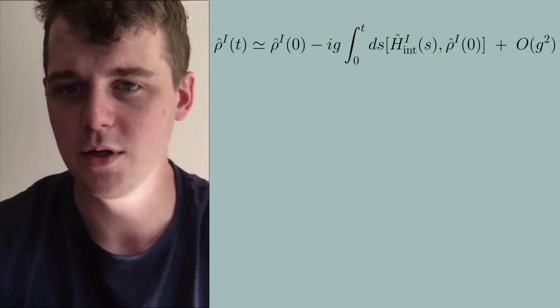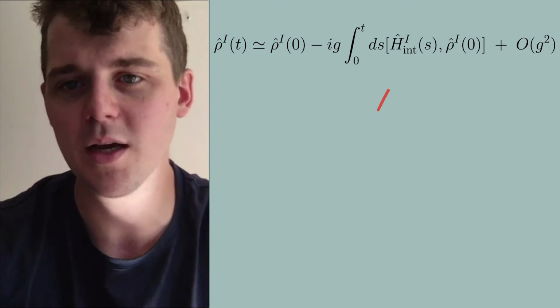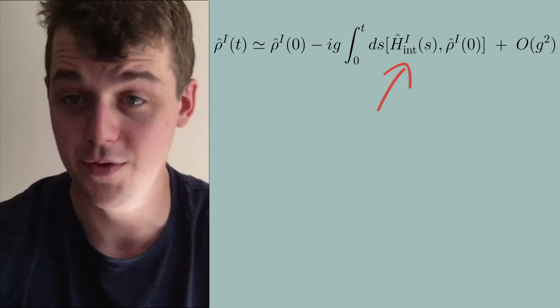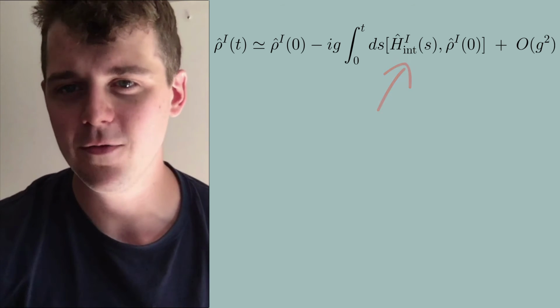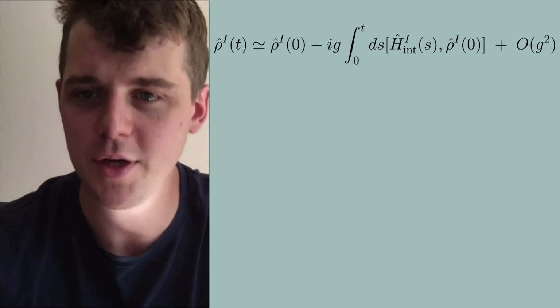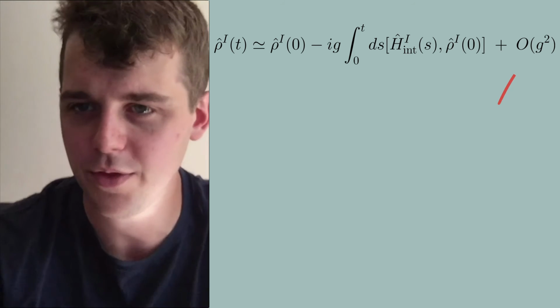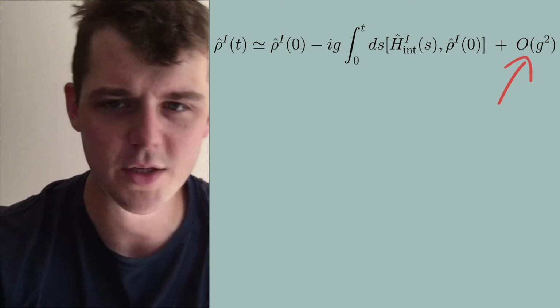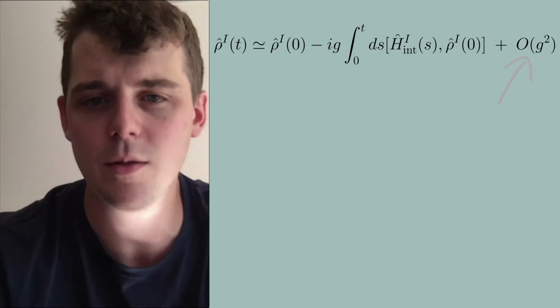Then there was a leading order term, which went like minus iG times a commutator with the initial state, integrated from 0 to t over the interaction Hamiltonian. And then we had some higher order things. Let's just keep it at order g for the argument at the moment.